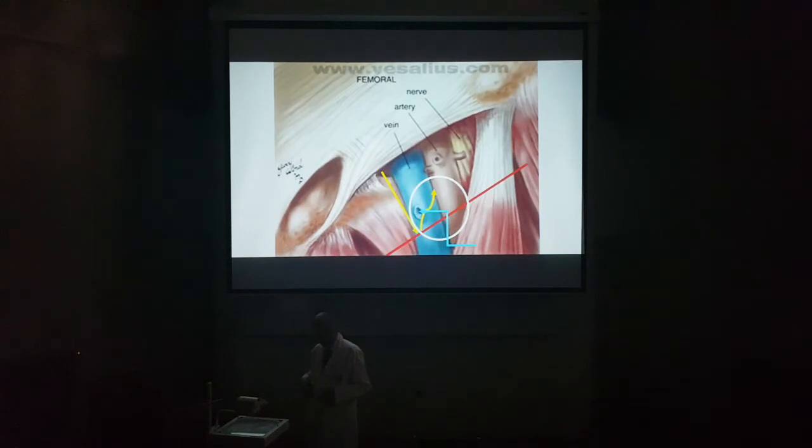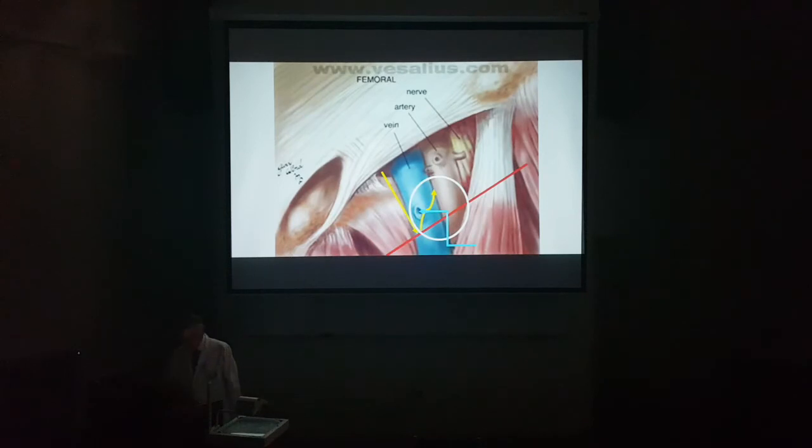The membranous Scarpa's fascia comes down over the inguinal ligament and then attaches to the fascia lata. You know what is fascia lata? The very thick fascia around the thigh, and gets inserted there.